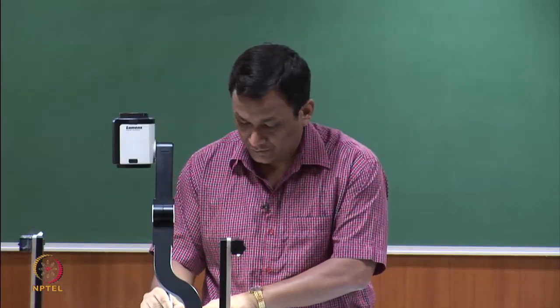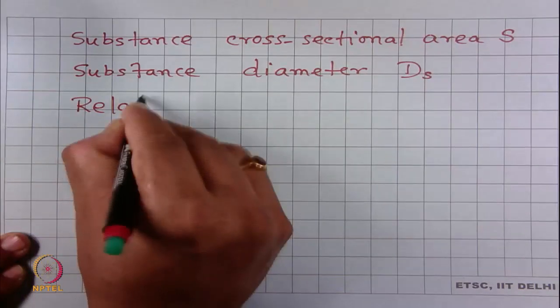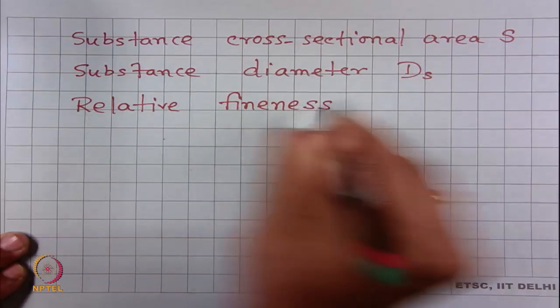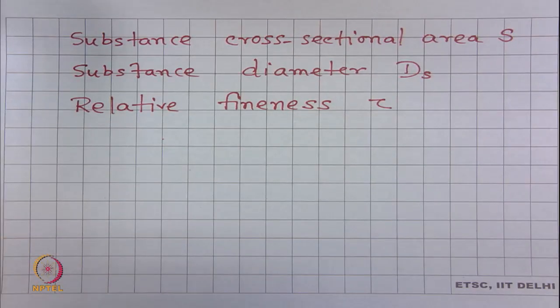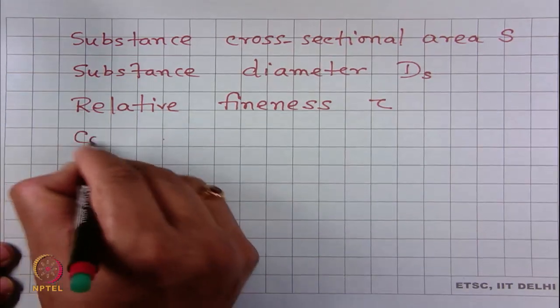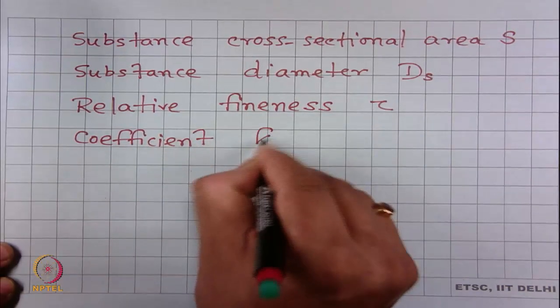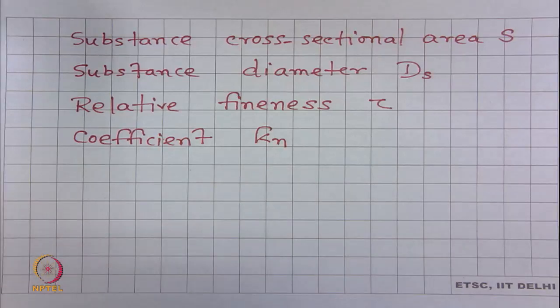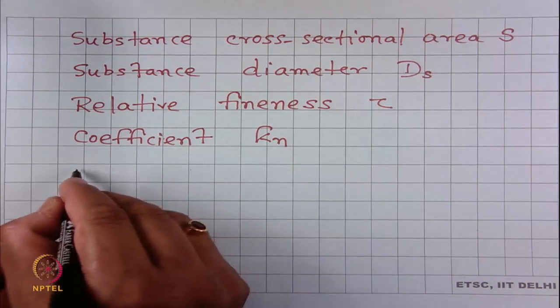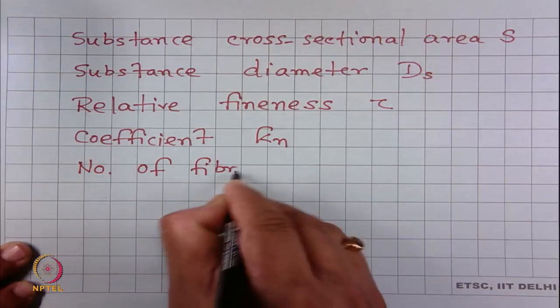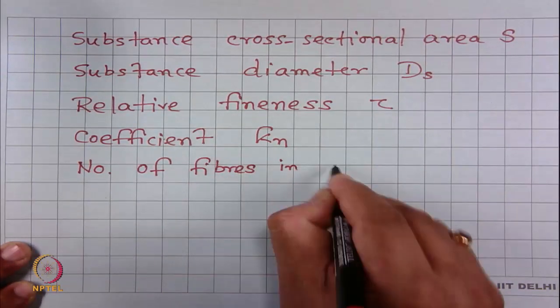Then in the last class we talked about the third important characteristic of yarn, relative fineness. We use the symbol to denote relative fineness. Then we talked about a very important coefficient Kn, which generally talks about orientation of fibers inside the yarn structure. Then we spoke about number of fibers in yarn cross section.